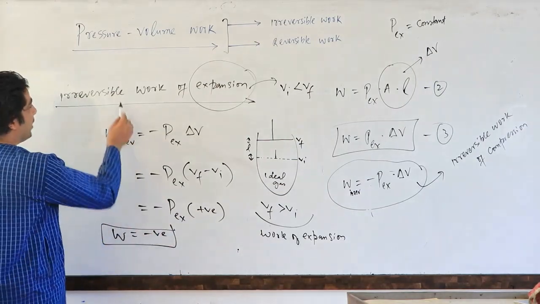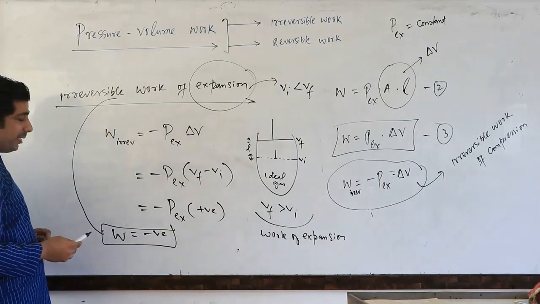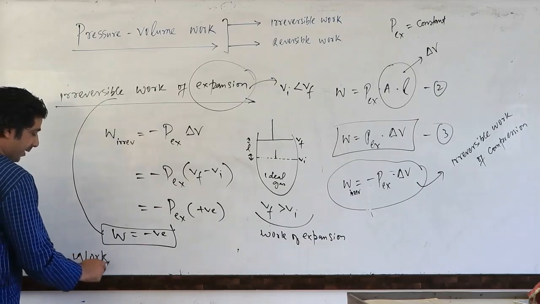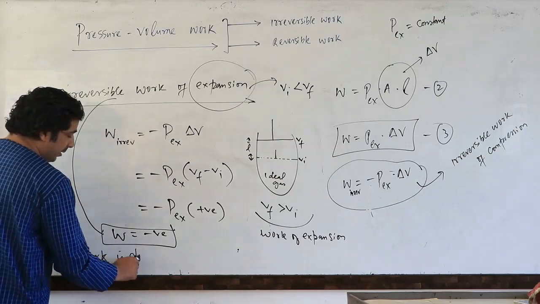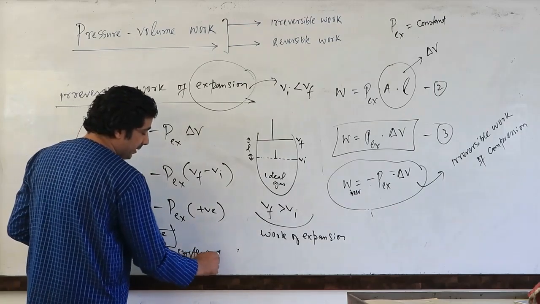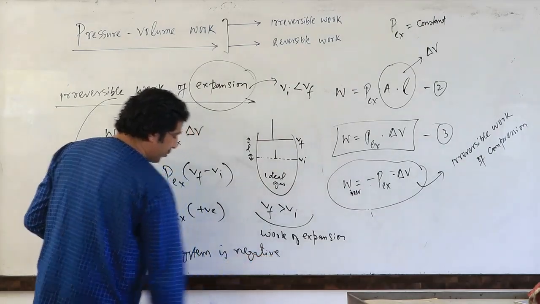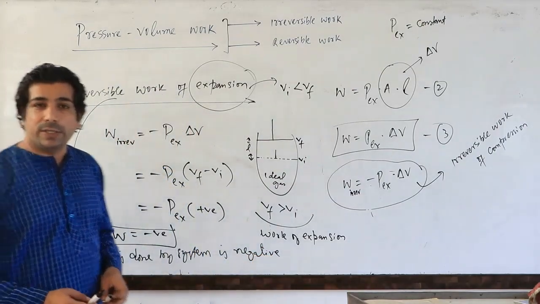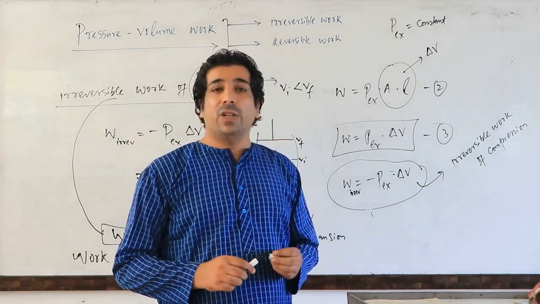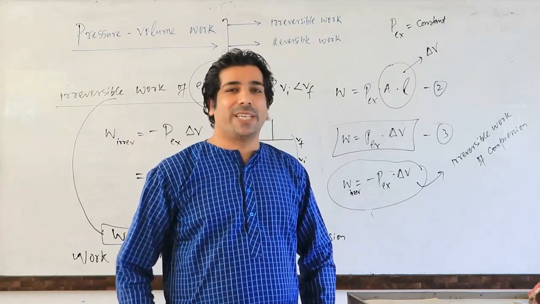That means the irreversible work of expansion is work done by the system, because gas is expanding. So work done by the system is negative. Why is work done by the system negative, my dear friends? Because while doing the work, the ideal gas will lose its energy.